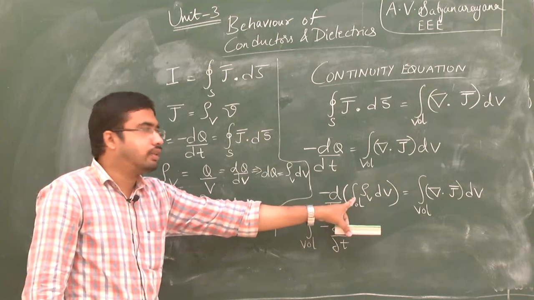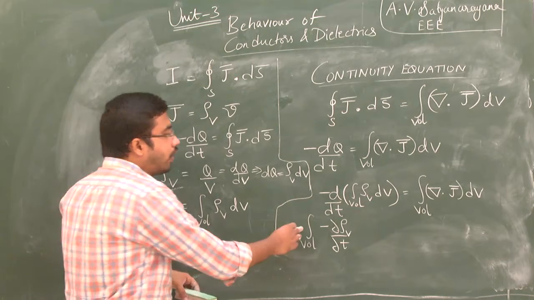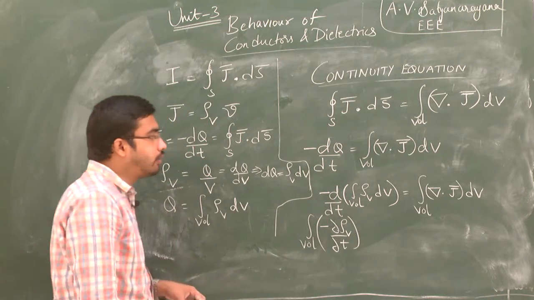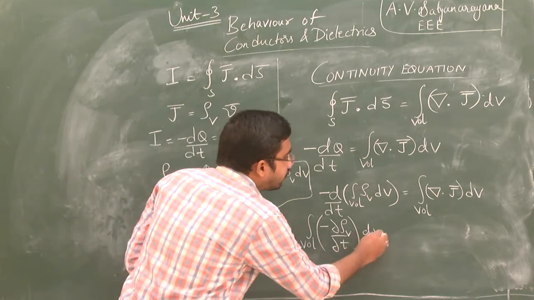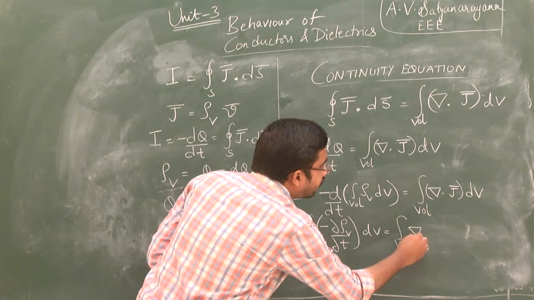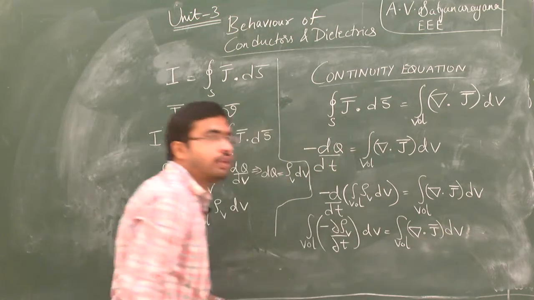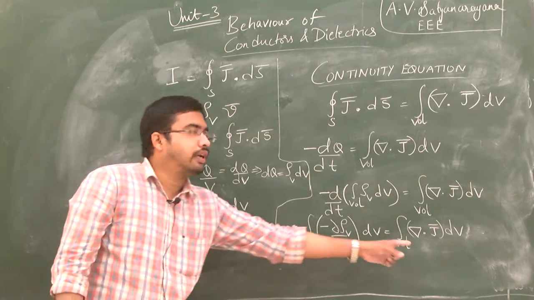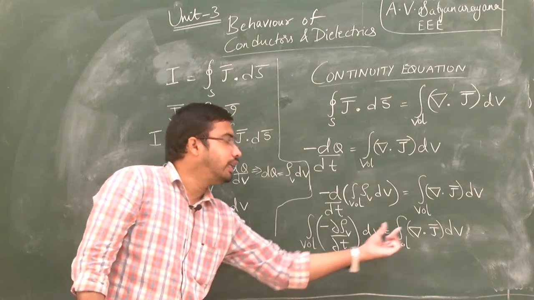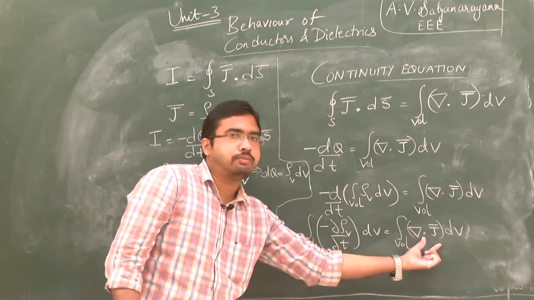I am sending this integration that side and moving this derivative inside. So the volume integral of minus dou rho v by dou t dv is equal to the volume integral of del dot j bar dv. On comparing LHS and RHS, the volume integral is common on both sides, and dv is common on both sides. Can we equate the remaining two terms?